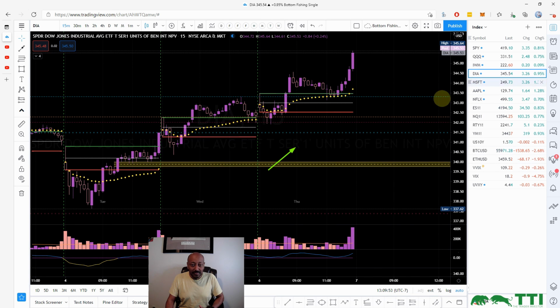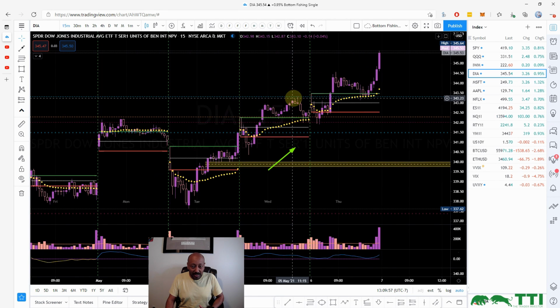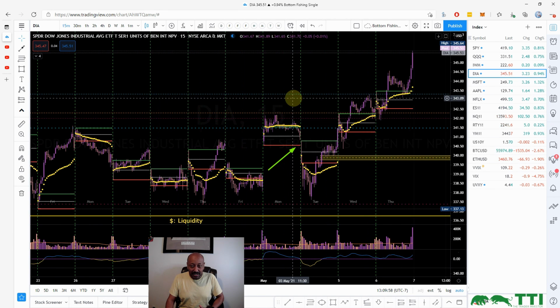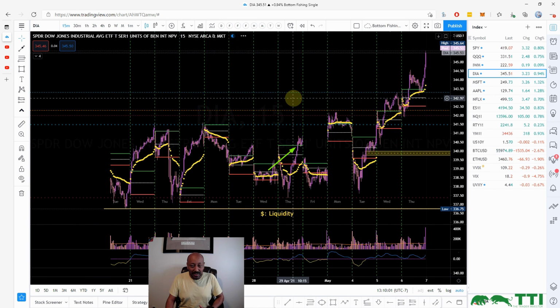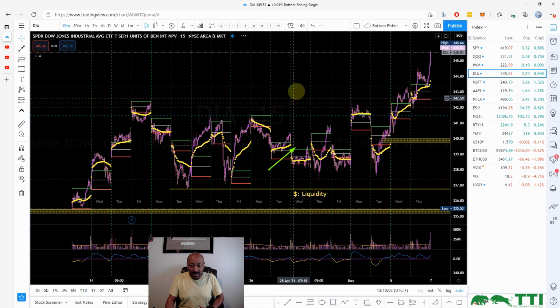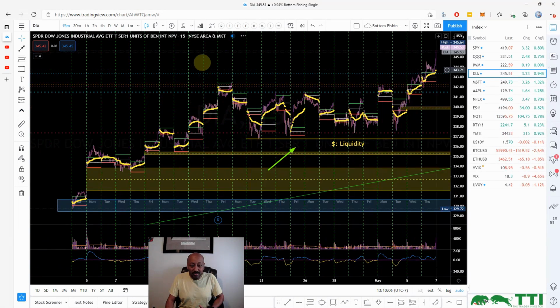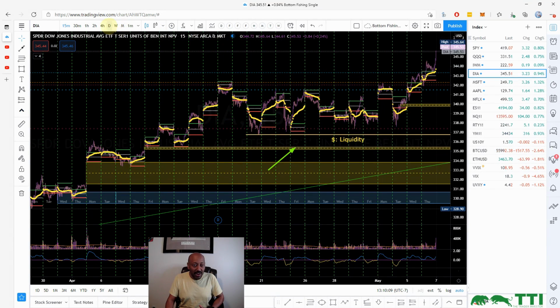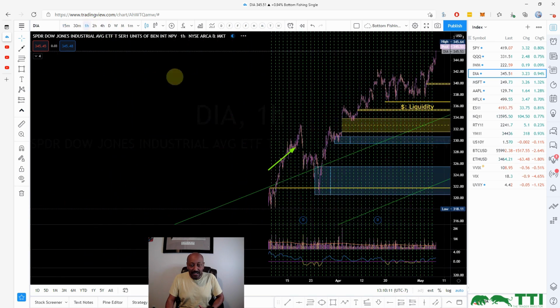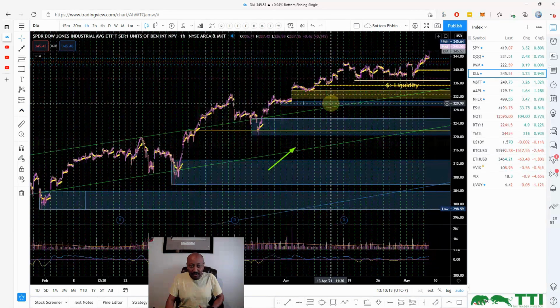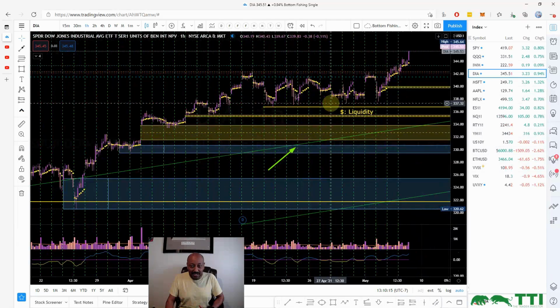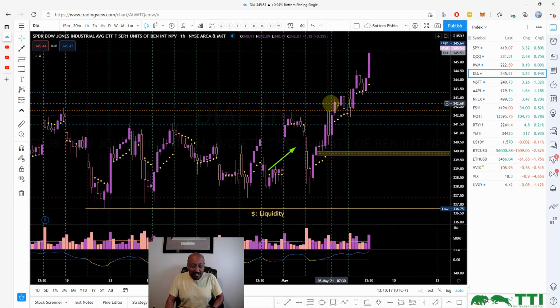Diamonds. Now diamonds gave us a good break of structure as well, and diamonds are starting to move in all-time high territories. This is what we like to see. They're moving very, very high, and when you have no target in sight, you can just be patient.